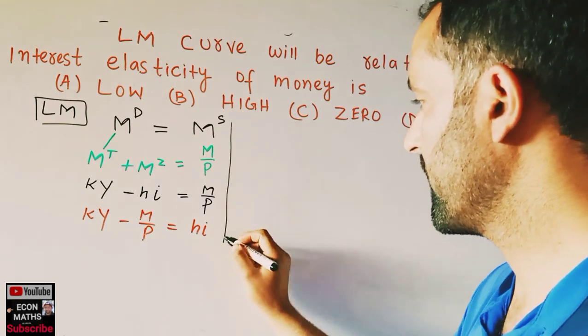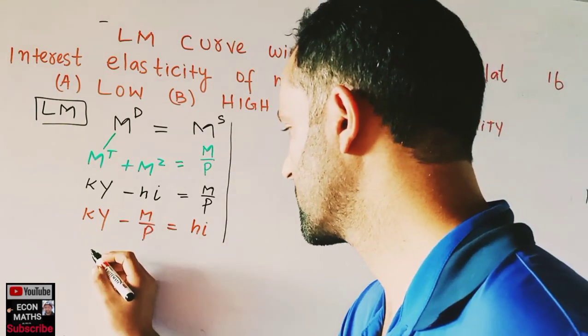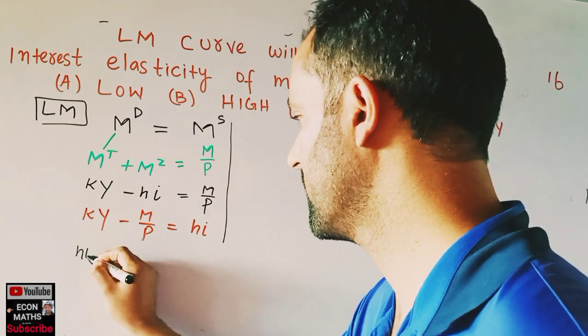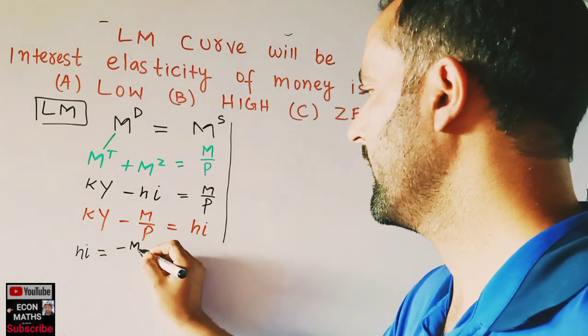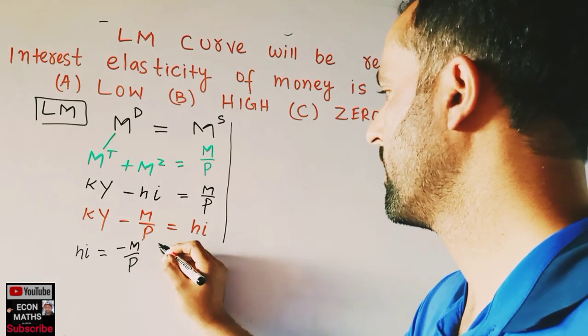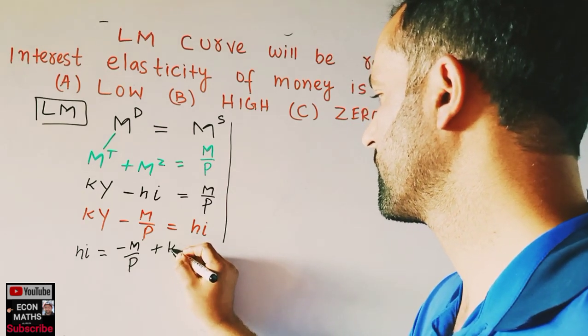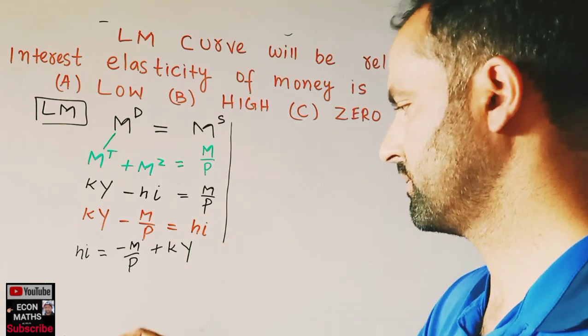And we can rewrite it in this fashion. HI is equal to minus M upon P plus KY.